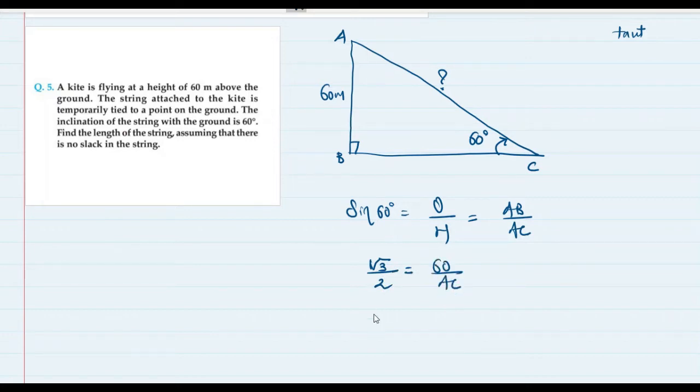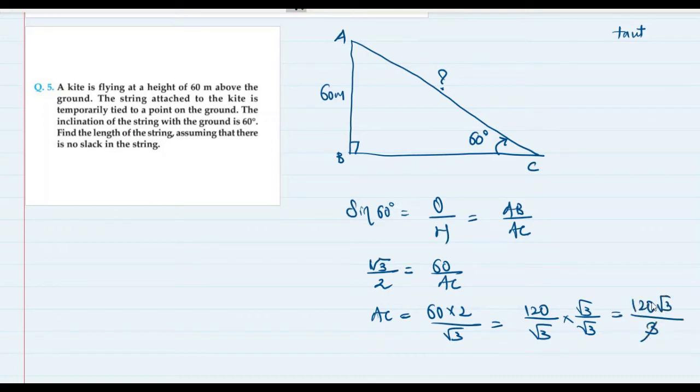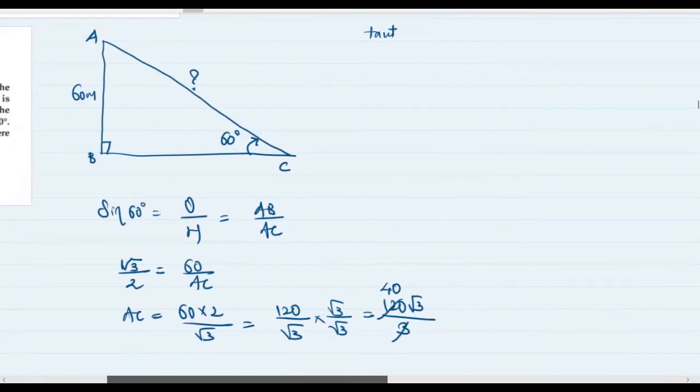So AC is equal to 60 times 2 by root 3, which is 120 by root 3. Let's rationalize the denominator. So we get 120 root 3 by 3, which is 40 root 3.